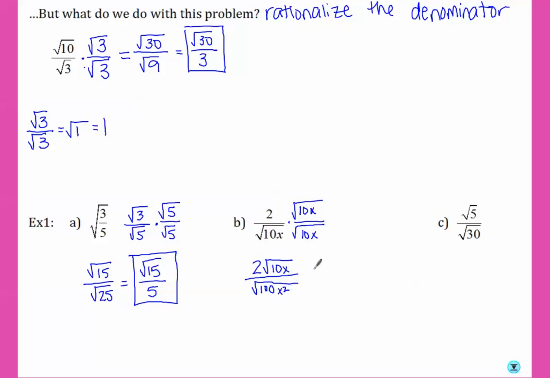If we simplify the denominator, we get 2 square roots of 10x over 10x. Is there anything else we can simplify? Yes, there is. 2 over 10 can be simplified to 1 over 5. So we get the square root of 10x over 5x.